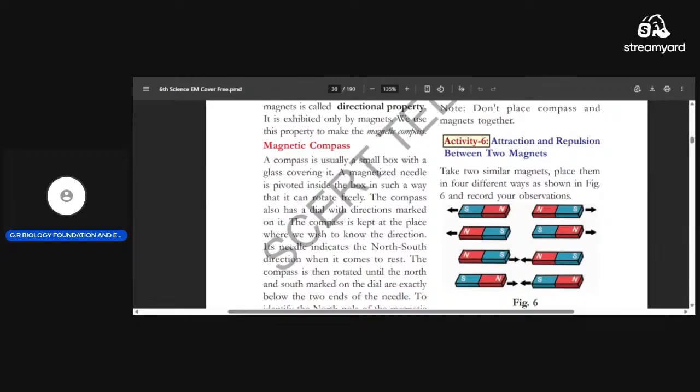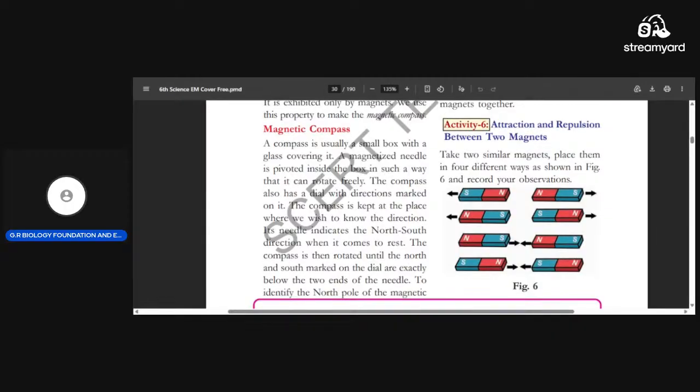The compass is kept at a place where we wish to know the direction. Its needle indicates the north-south direction when it comes to rest. The compass is then rotated until the north and south marked on the dial are exactly below the two ends of the needle.